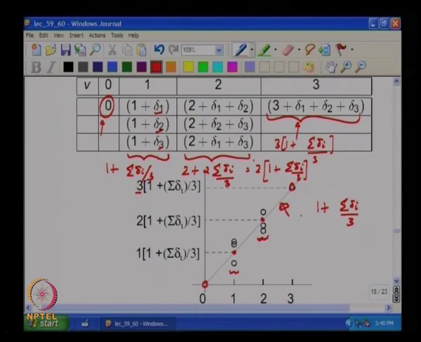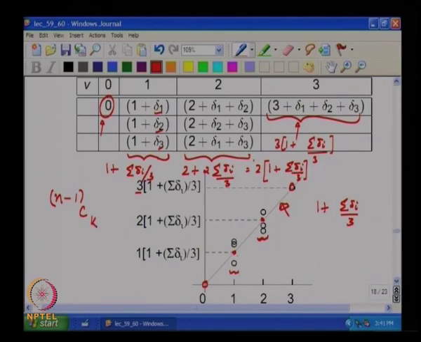I have shown this for a 4 level DAC, but it is true for an arbitrary number of levels. If you have an n level DAC, then there are n minus 1 unit elements, and the number of ways of choosing a code k is n minus 1 choose k.